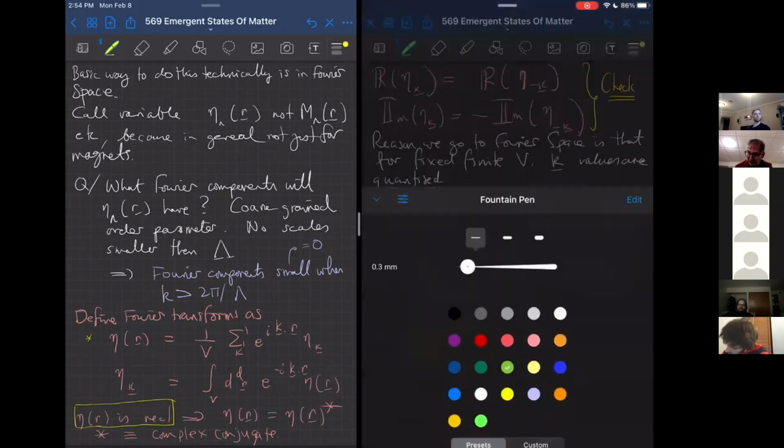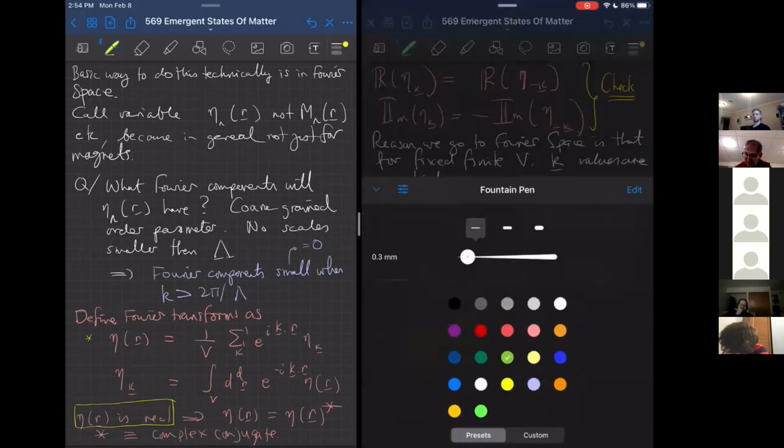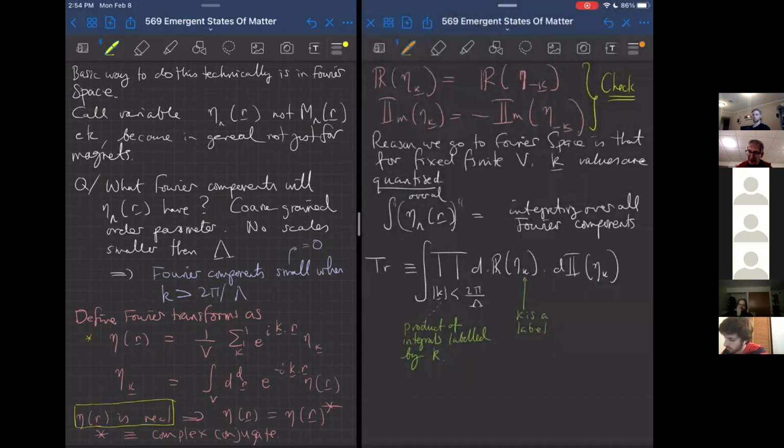We're not quite done yet, because the other thing that I haven't implemented is the fact that these variables are not independent.